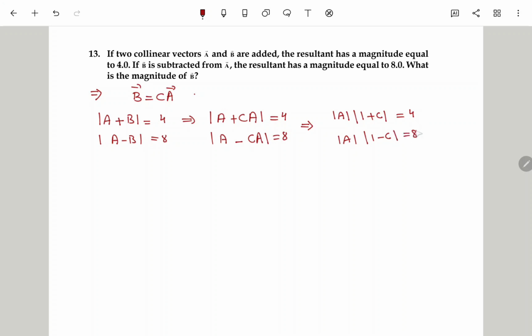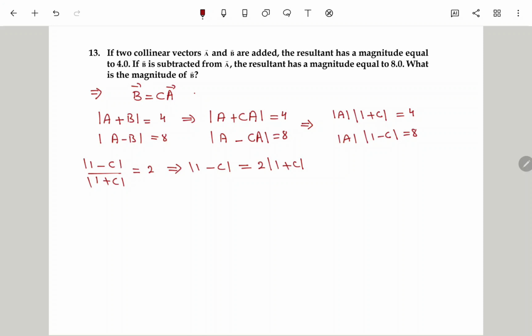You divide these two equations, you will get 1 minus c divided by 1 plus c equals 2, or 1 minus c equals 2 times 1 plus c. And this equation is actually valid except that c will never be equal to plus or minus 1. Now we have different possible solutions for this case here.